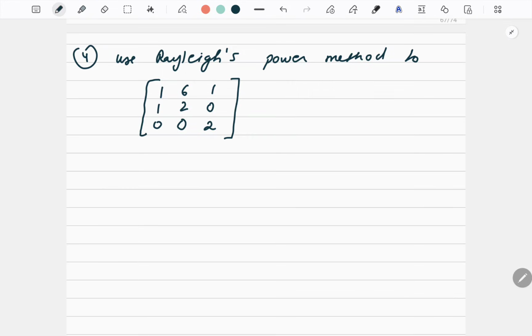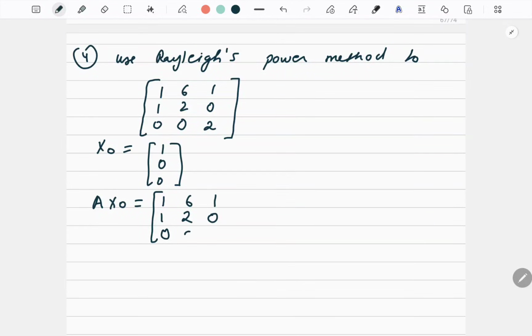So I'll start with the question. First I need to decide which starting point I should take. So I am taking x0 as 1, 0, 0. Now what is our procedure? You have to multiply this matrix A by this x0, means multiply 1, 6, 1, 1, 2, 0, 0, 0, 2 by 1, 0, 0.